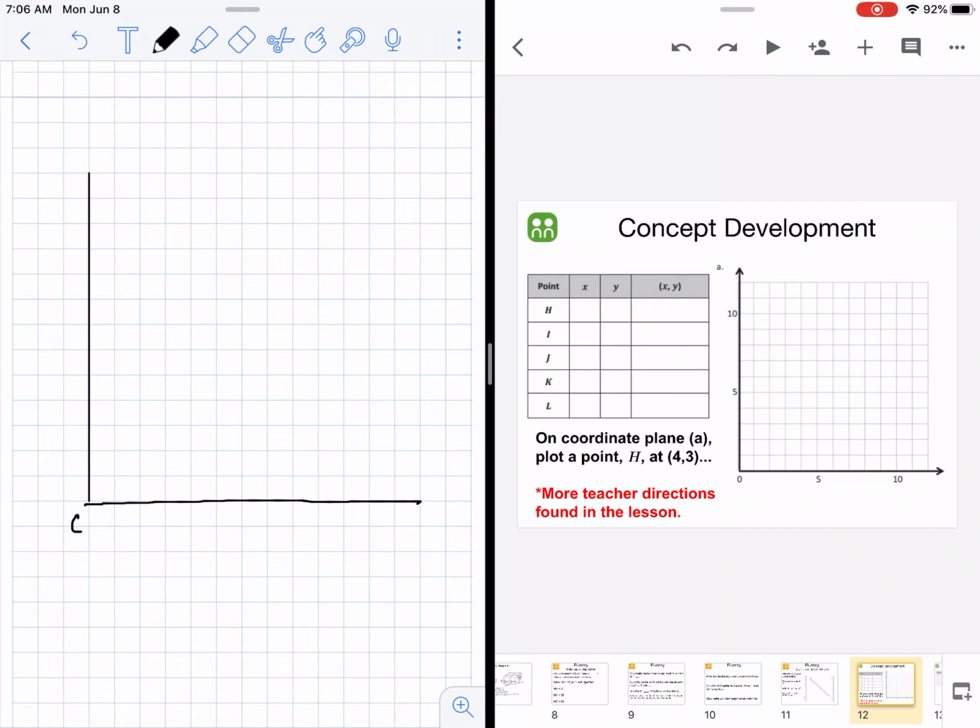So 0 is the origin. 1, 2, 3, 4, 5 is at the 5th box. And then 10 is at the 10th box.